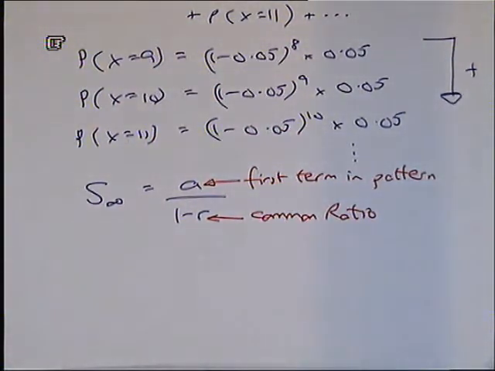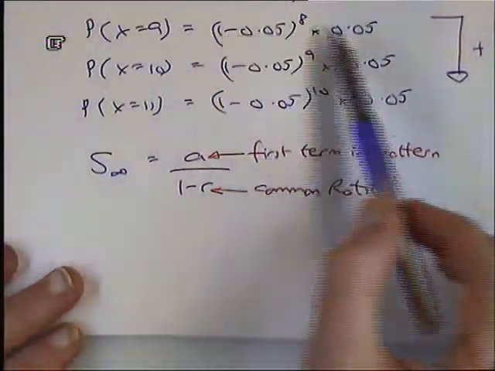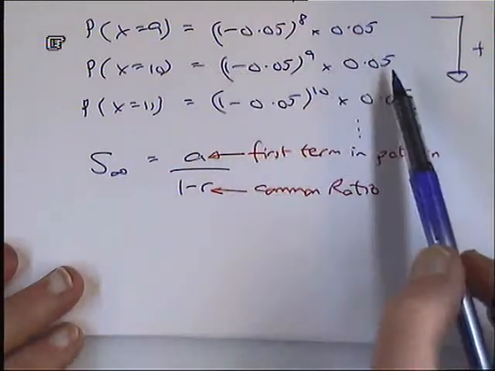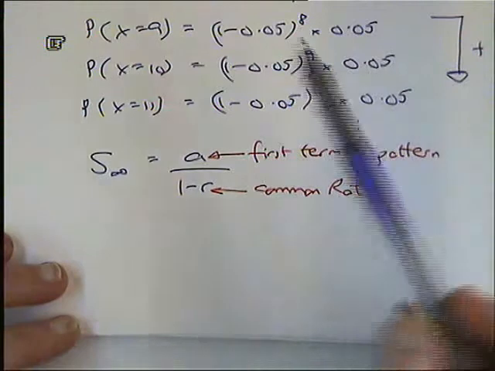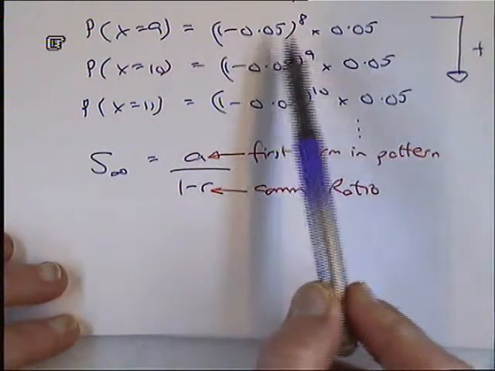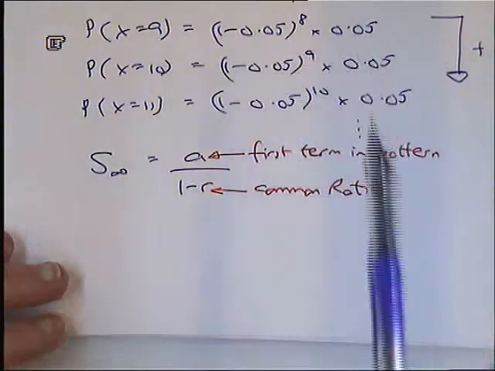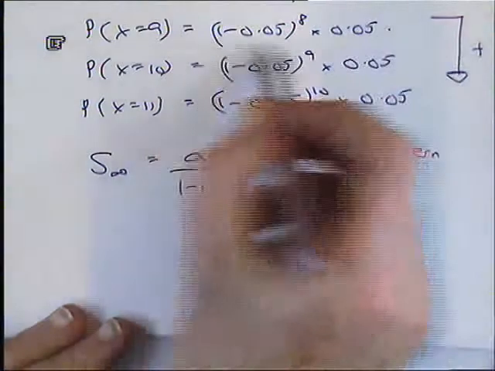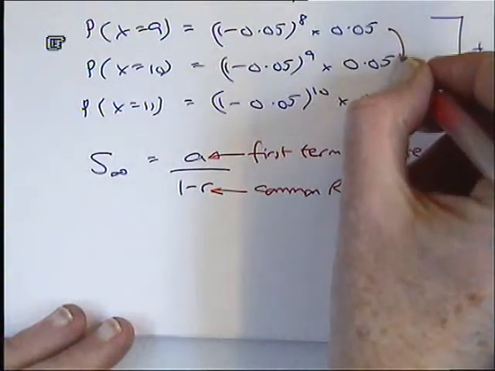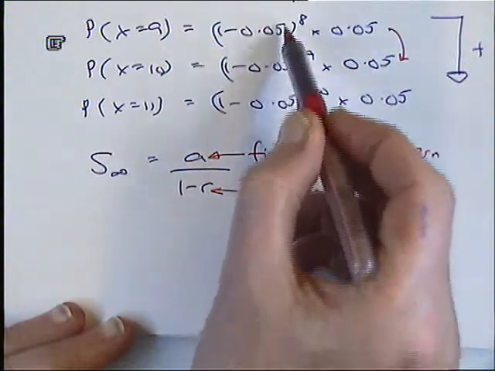Now I'll explain what they mean by looking at our number pattern. And the number pattern I'm looking at is basically the value here, the value here, and the value here. And if you look at them, they are similar. They've all got this bracket in it with a power, and they've all got times by 0.05 at the end. In fact, to get from this value here to this value here, well, ask yourself, what do you do? That stays the same. This bit here is what changes.